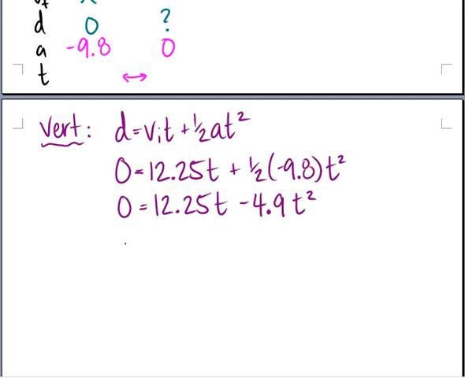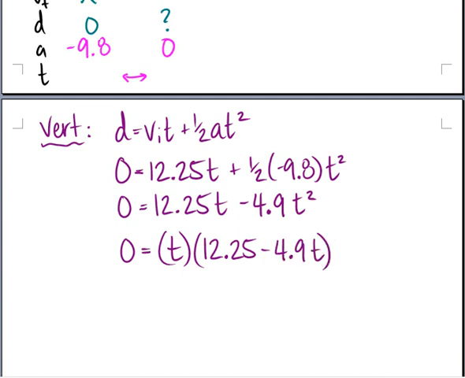Well, you could factor out a t. So if we do that, if we factor out a t, there's one bracket. That leaves us with 12.25 with no t attached anymore, minus 4.9 with just a single t attached. Now what we're going to do is much like what I did in that factoring I said not to write down.